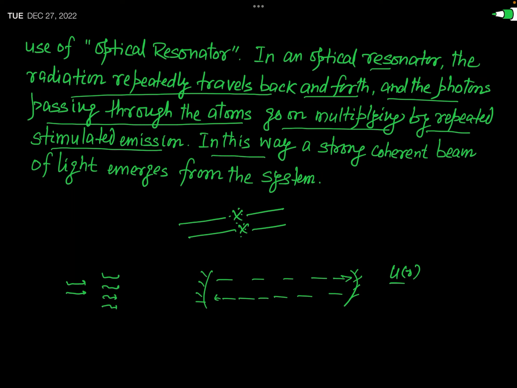In this way a strong coherent beam of light emerges from the system. When the intensity of the light beam becomes very large, one of the mirrors is partially silvered, and from that window the laser light comes out.